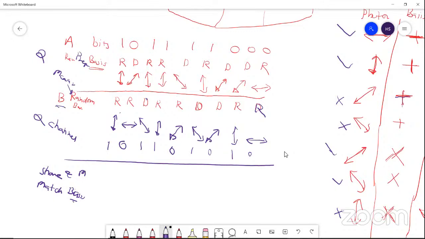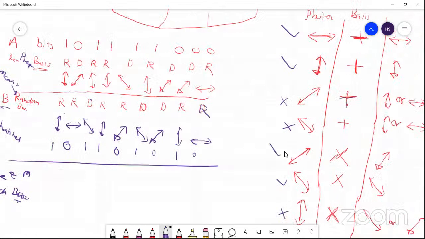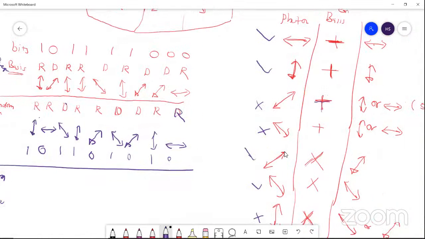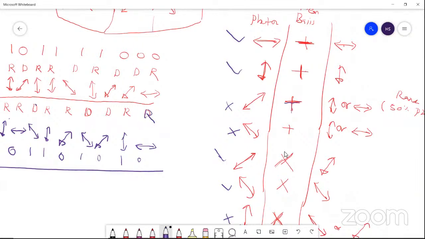Alice will match at her side, and then Alice will say that whenever the bases are matching, they will keep them as a secret key. Others they will discard, because if they have the same basis, then they will get the correct thing. Otherwise, they are getting random things.